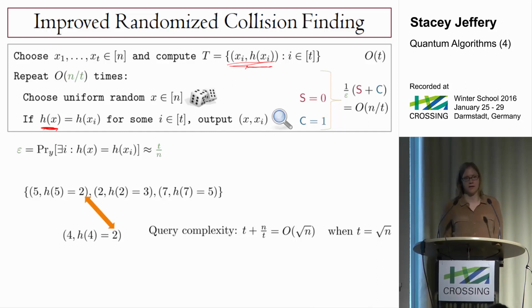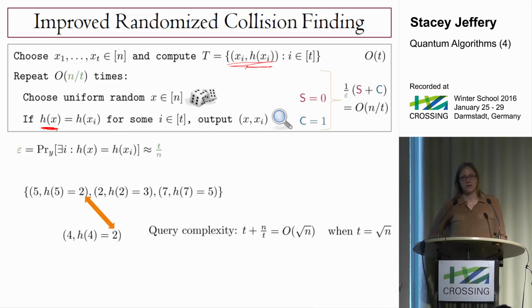So this is a classical randomized algorithm with complexity square root of n that finds a collision in a 2-to-1 function. On the previous slide we had quantum algorithms that required square root of n queries, and this shows that's not impressive at all because we could also do that classically.